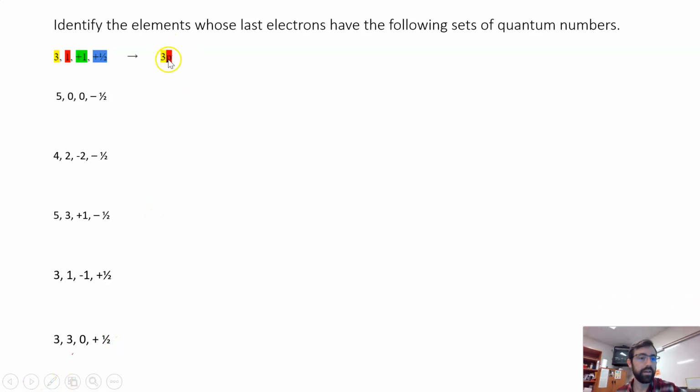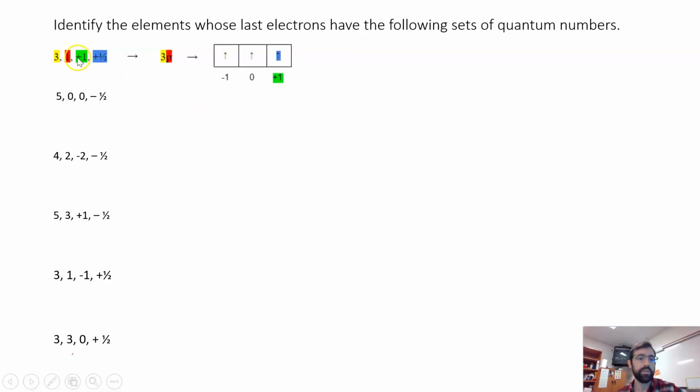So 3, and then the second one is P. Now we don't know what that number is yet. Okay, it's 3P something. But we've got the 3 and the P from the first two quantum numbers. To find the others, we're going to have to write out the orbital diagram. We're going to have a P sublevel, that's 3 lines. And it looks like our last arrow is going to be on the orbital on the right, with an up arrow.